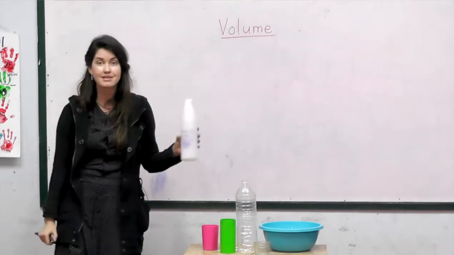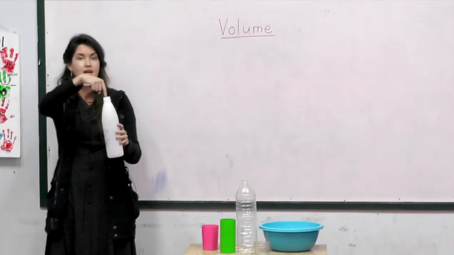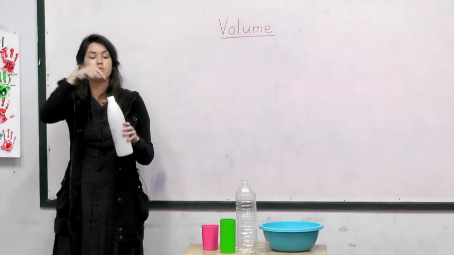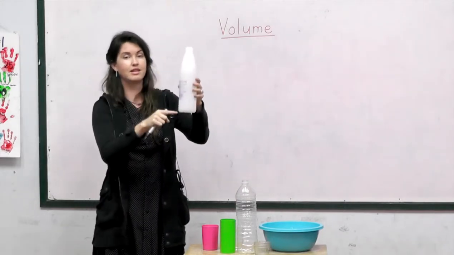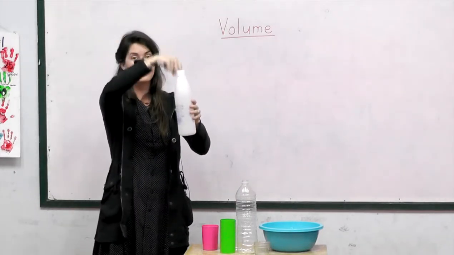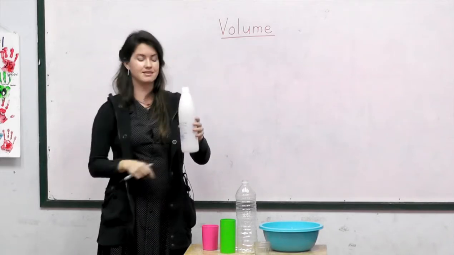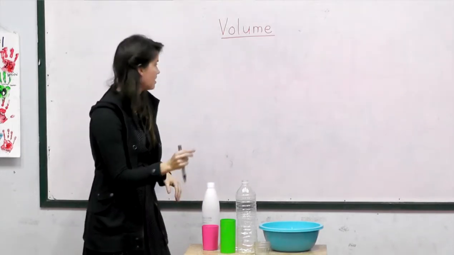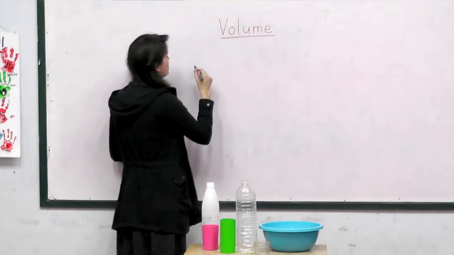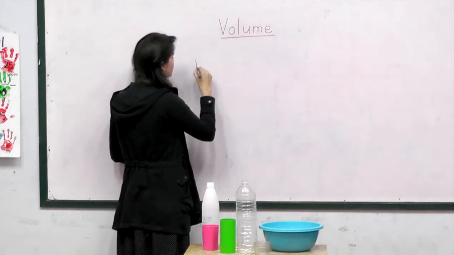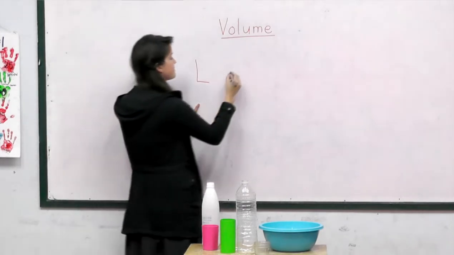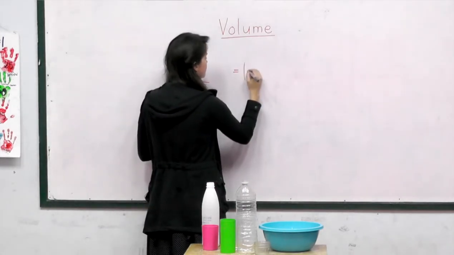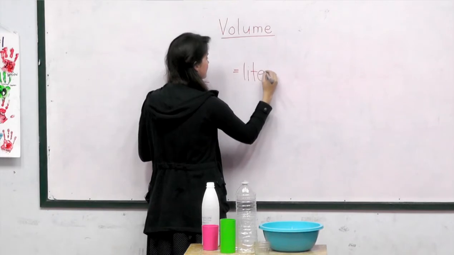So 1,000 milliliters is equal to 1 liter. Or we could put 1,000 milliliters inside this bottle. When we use liters, we use this letter, L. That's a short way to write liters.